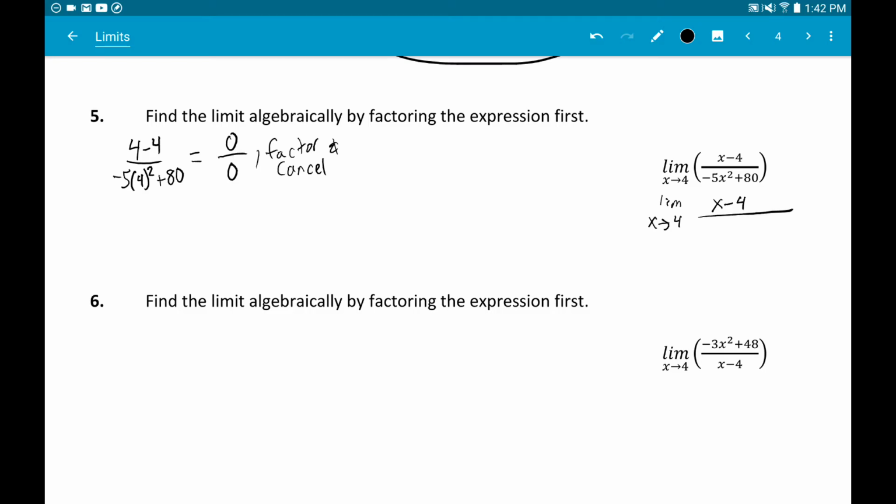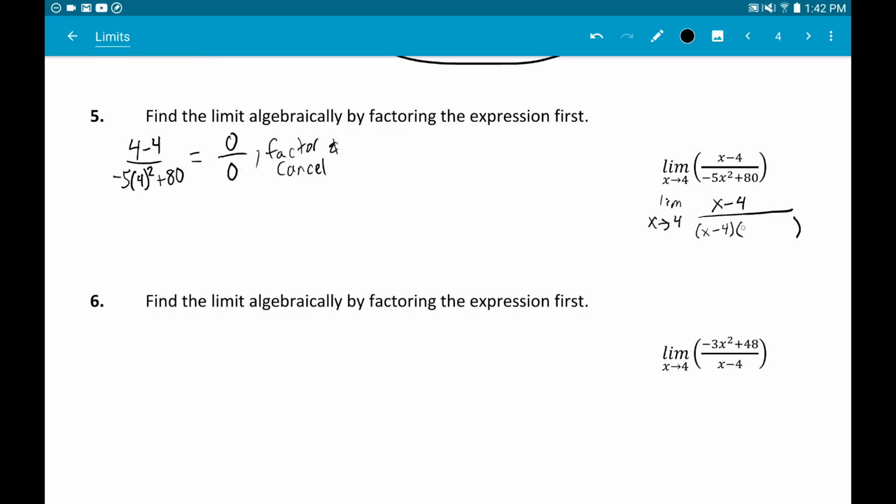And think about this. Since we got 0 on top and bottom, it means there's a common factor on top and bottom. So if the only factor I have on top is x minus 4, then one of the factors on bottom has got to be x minus 4. And you just need to figure out what the other one is.